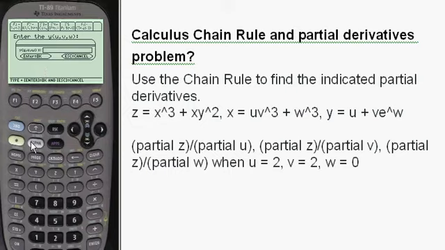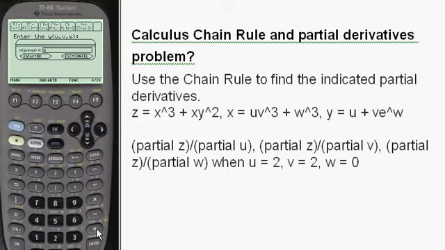You'd press alpha to enter here, and the y is u plus v times e to the w. So you're going to have to press alpha twice. Y equals, that's twice. We're going to put the u in here. U is here. The letters above the numbers are the alphabet which you're trying to access here.